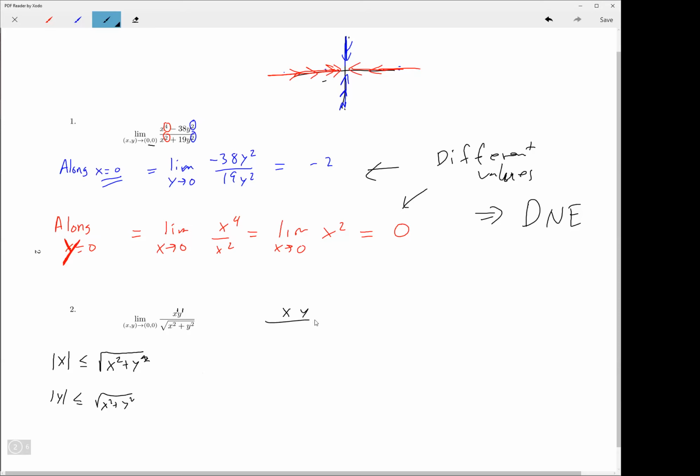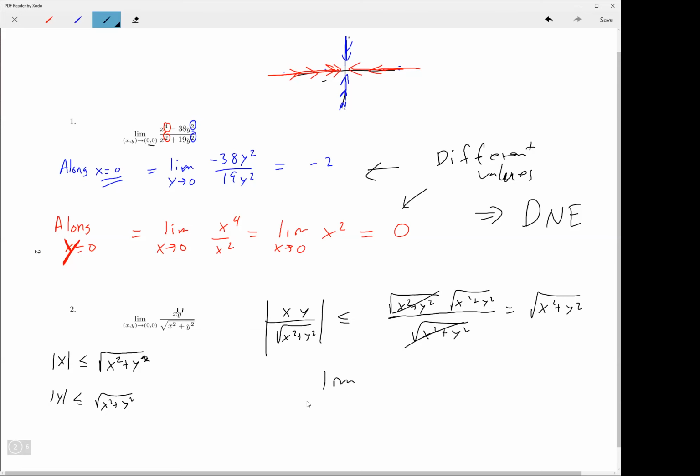So that means that if we take this expression right here, that's going to be less than or equal to the square root of x squared plus y squared times the square root of x squared plus y squared over the square root of x squared plus y squared. And then those are going to cancel, and you're going to get the square root of x squared plus y squared. And then if you take the limit as (x, y) goes to 0 of the square root of x squared plus y squared, you get 0, because when you plug it in, you're going to get 0. Okay, so the answer here is going to be 0.